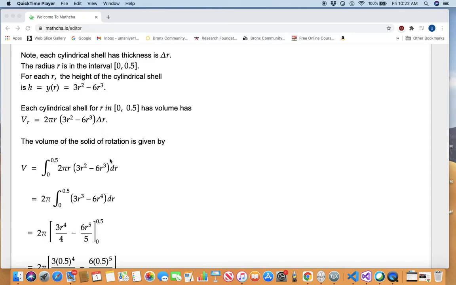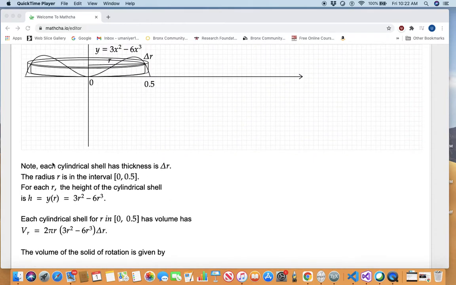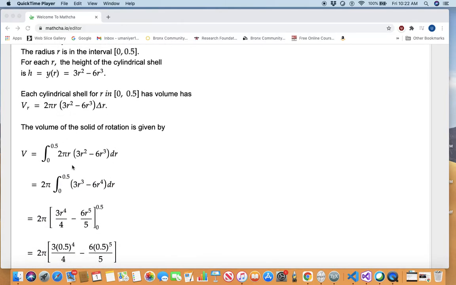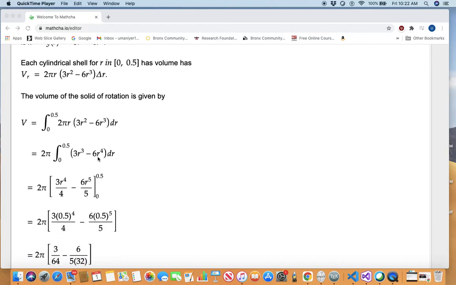Delta r becomes dr. The limits are 0 to 0.5, 2 pi r times 3r squared minus 6r cubed, which tells me I get the 2 pi outside and distribute the r inside. So that gets me 2 pi integral 0 to 0.5 of 3r to the power 3 minus 6r to the power 4.